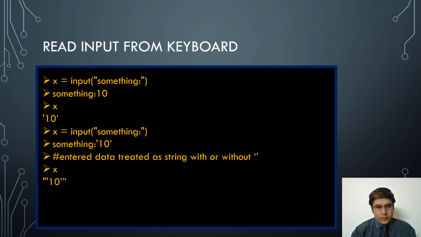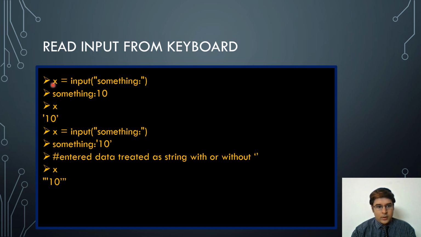How do we read input from the console? We use the input function. Along with that, we pass a parameter that prompts the user to type something, which comes up on the console before the user enters anything. If we type like this in the interpreter, it will prompt something, and we enter 10.